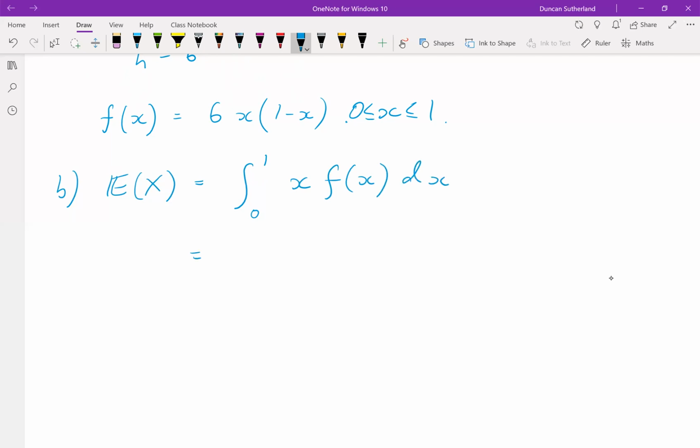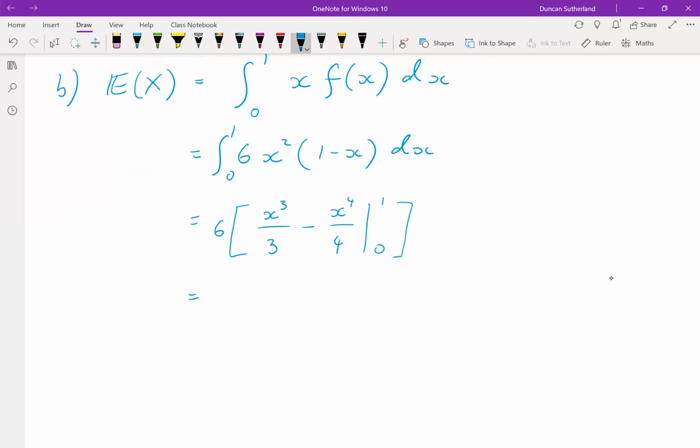So that's equal to the integral from 0 to 1 of 6x squared (1 minus x) dx. Again, this is just integrating a polynomial. That's going to give me x cubed over 3 minus x to the 4 over 4 evaluated between 0 and 1.